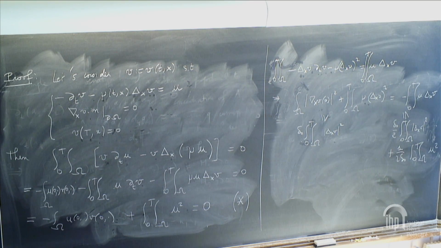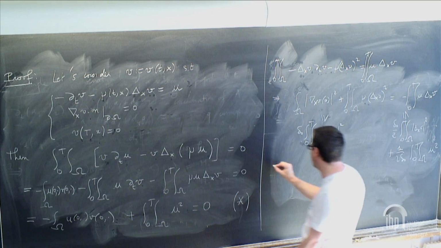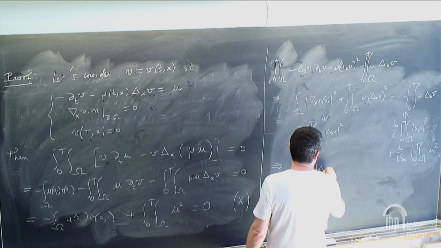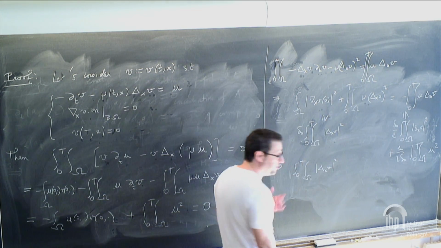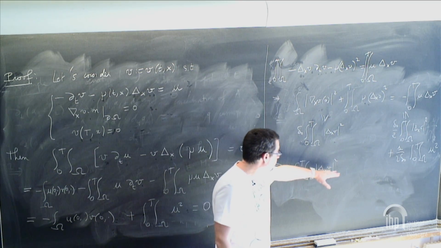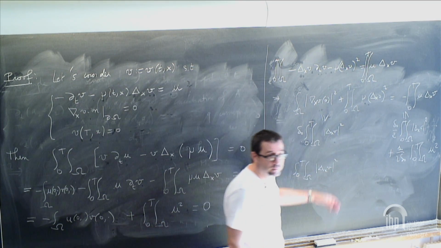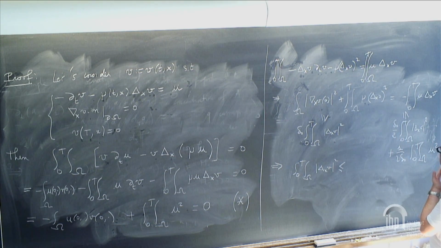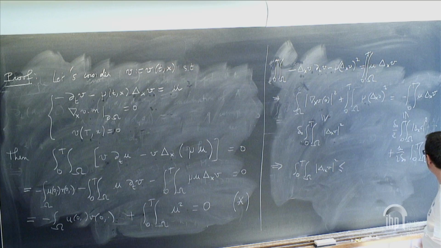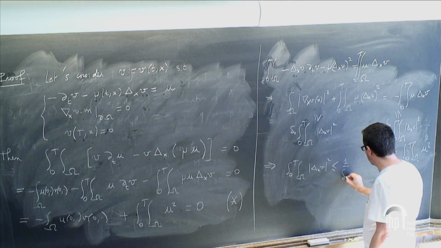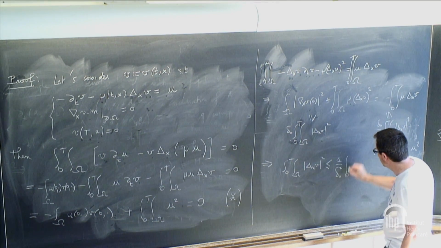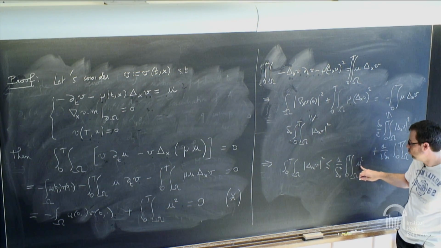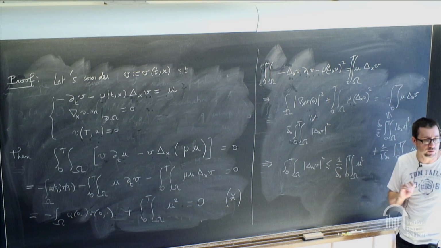If I put all of this in a nice framework, what I get is exactly that. I now have an estimate for the square of the Laplacian of V. And this estimate is exactly that: this quantity is bounded by the L2 norm to the square of U multiplied by 1 over delta 0 square.